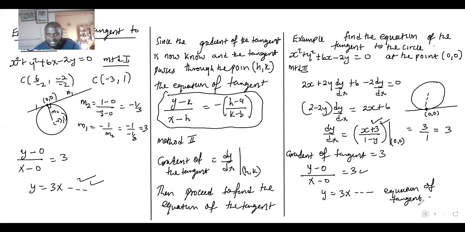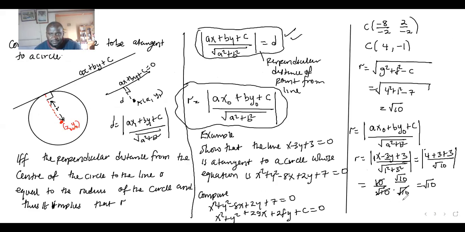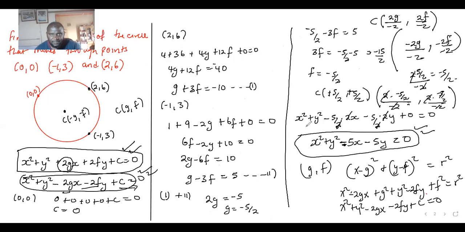I've even derived it here. I've said if this is how the center looks like, and this is the circle, then this is (G, F). Then this is (x, y). To get this distance, it is x minus G, y minus F, which gives us the radius.